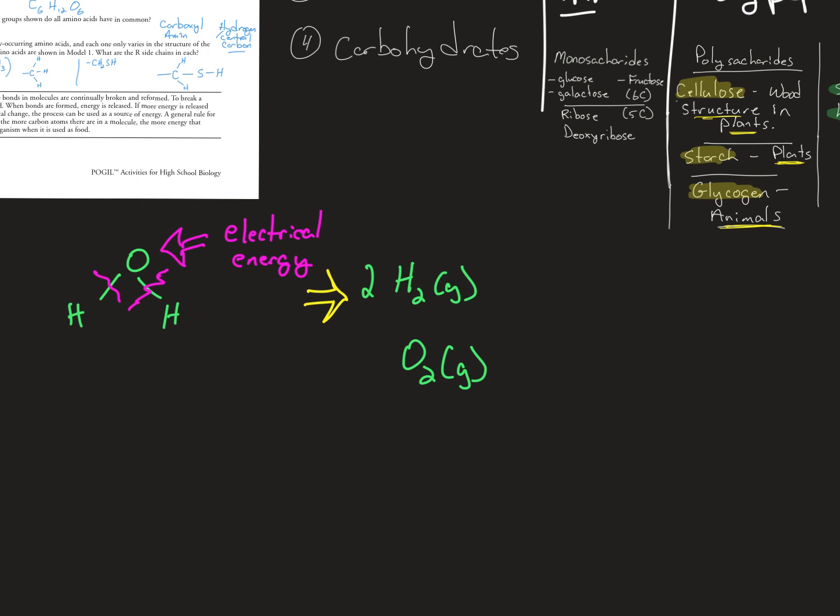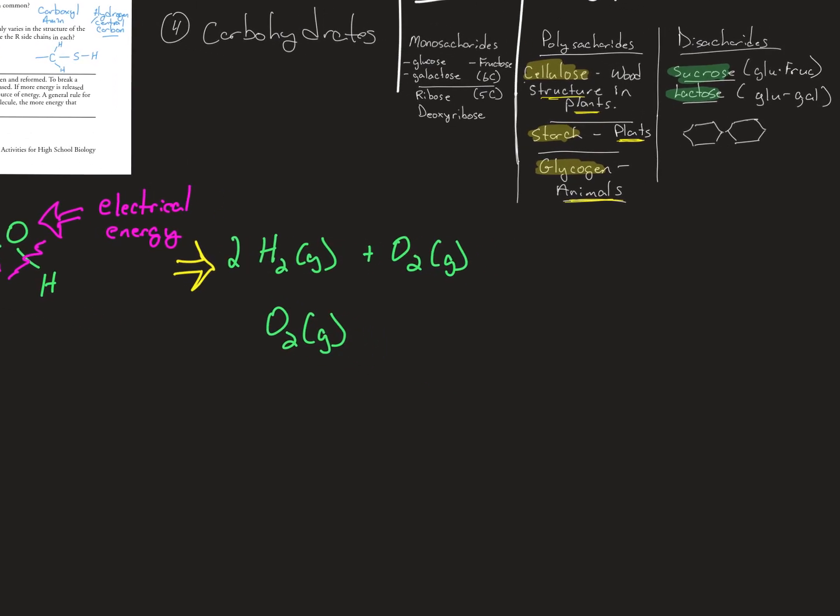And so when we made that hydrogen gas, and then we added some oxygen gas from the air, and let me just put in parentheses down here, from the air, right?